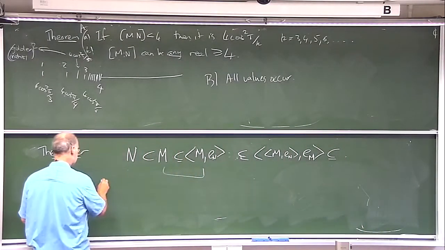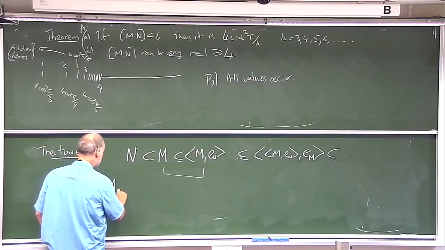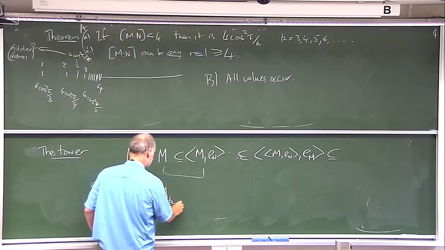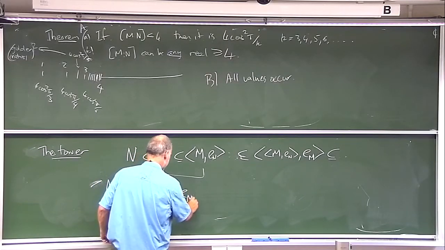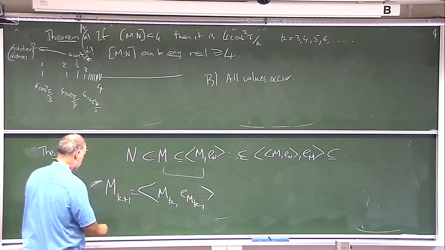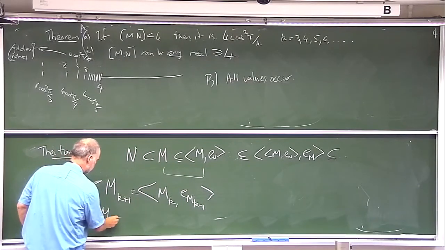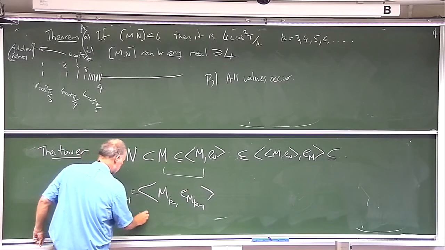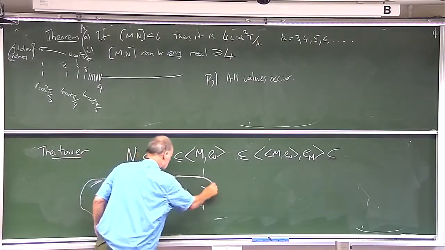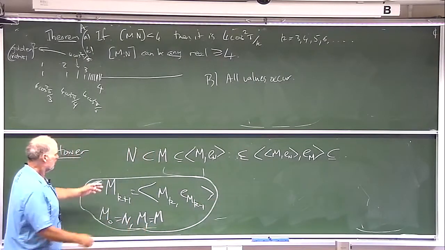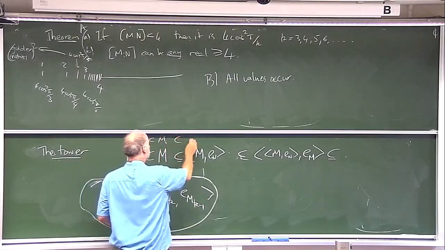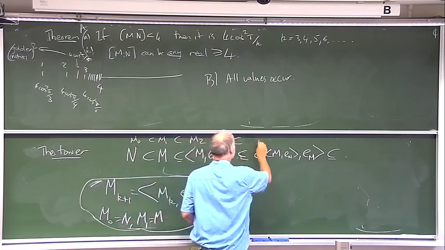In II_1 factors, we define M sub k plus 1 to be the result of applying this basic construction to E sub M_{k-1}, and then we have the initial condition saying M_0 is M. So here this would be M_0, M_1, then M_2, then M_3.